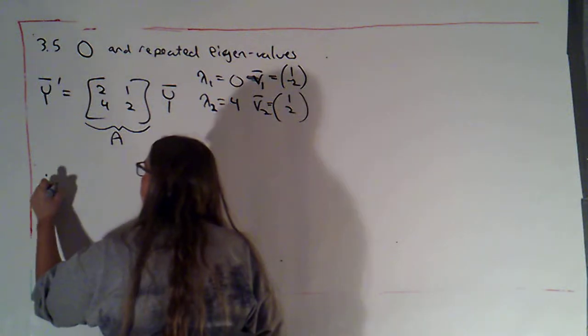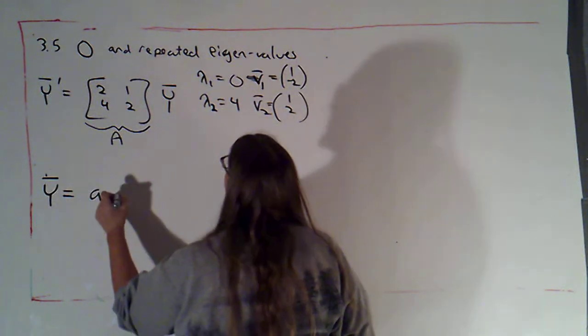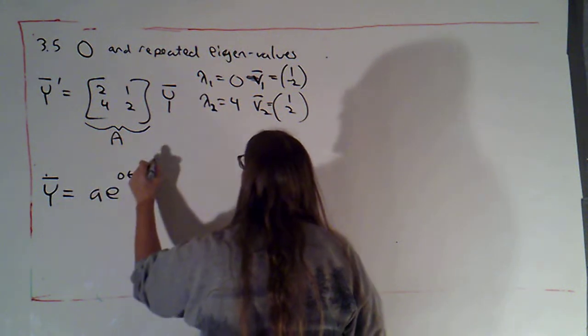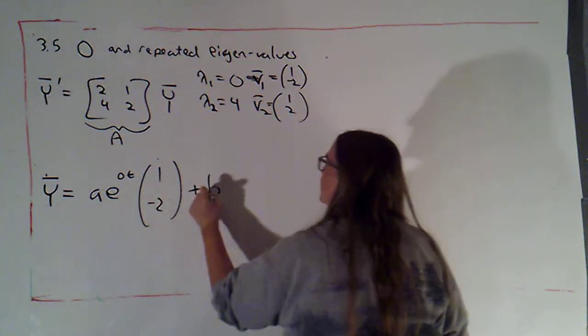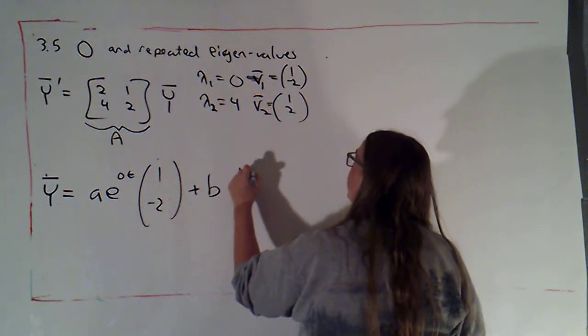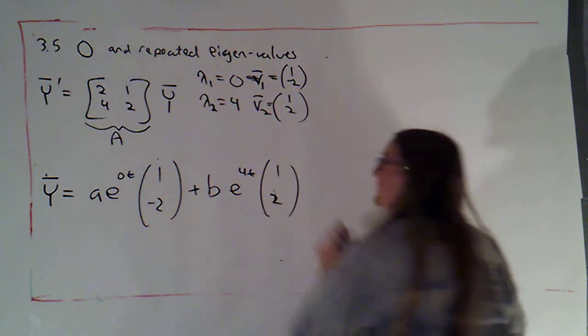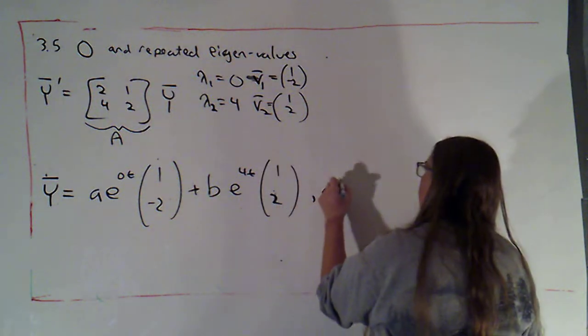So my general solution is going to be y equals a copies of e to the 0t times v1, which is (1, -2), plus b copies of e to the 4t times (1, 2), where a and b, of course, are real numbers.